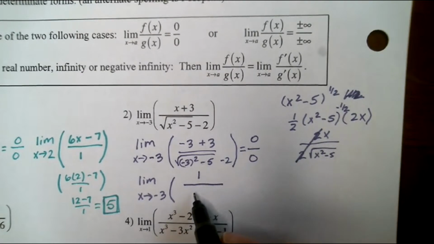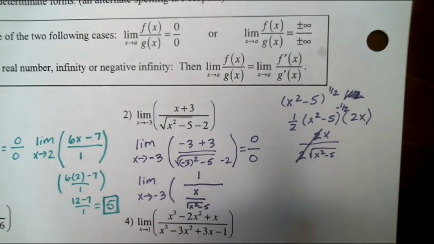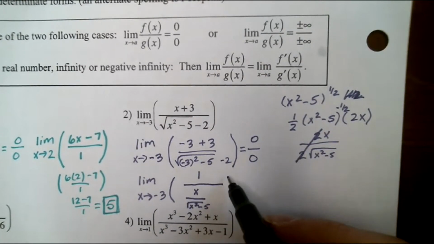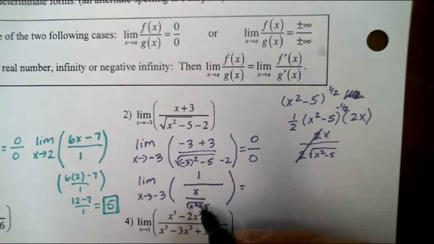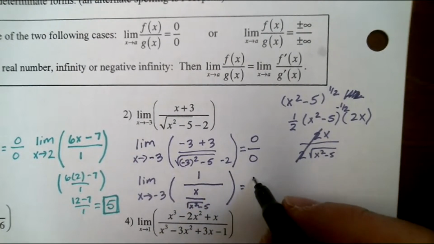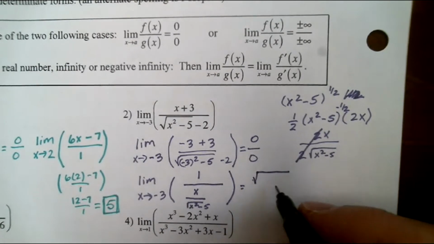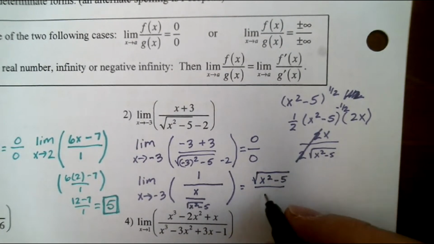So I have 1 over x over radical x squared minus 5. Now, if we flip that up, divide, keep, flip, change, that will take us to radical x squared minus 5 over x.